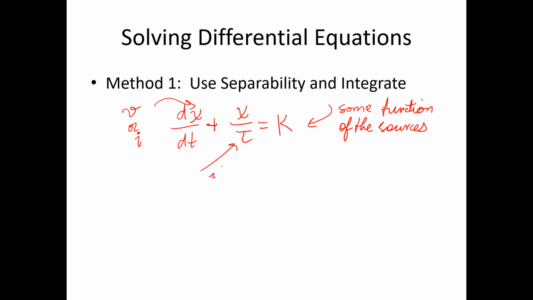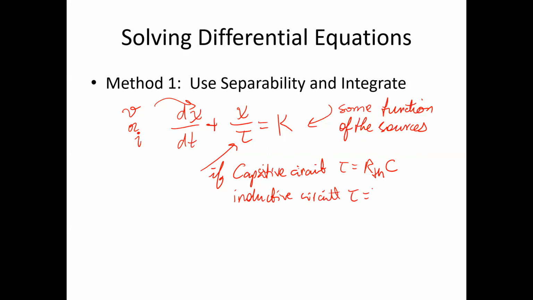And tau, if it is a capacitive circuit, then we're going to say that tau, just by comparison, so if you compare our previous equation with the equation that we've just written here, you can show that tau has to be equal to R Thevenin C to maintain equality, and then for an inductive circuit, tau has to be equal to L divided by R Thevenin.